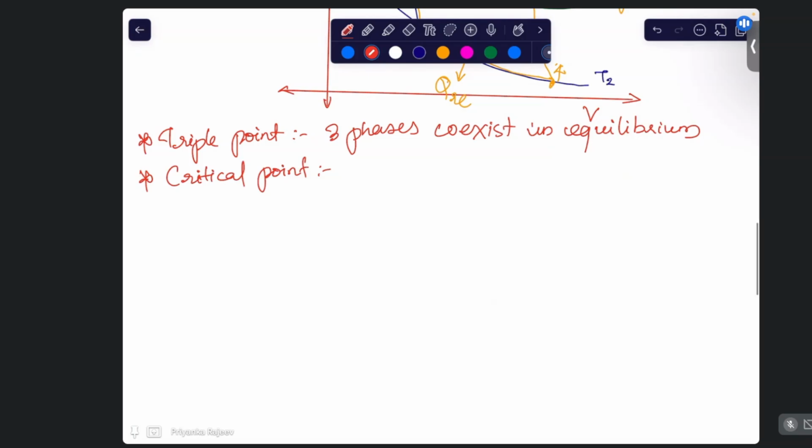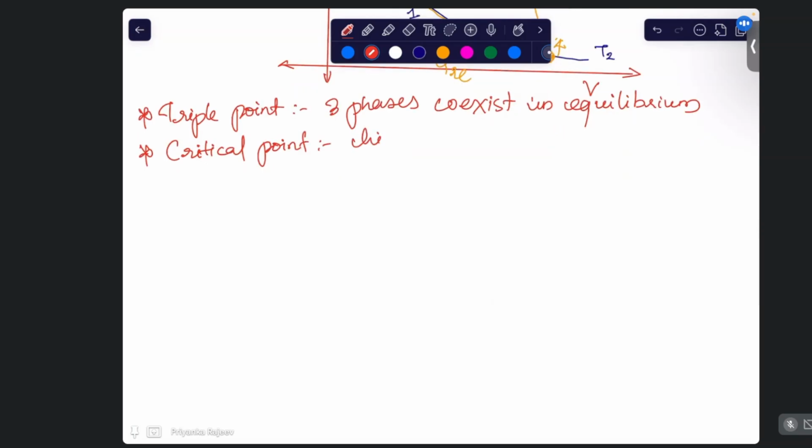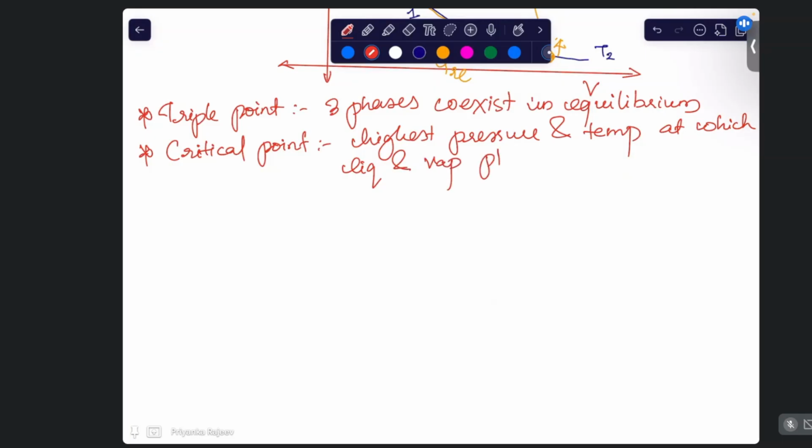Critical point means the highest pressure and temperature at which liquid and vapor phases coexist in equilibrium.